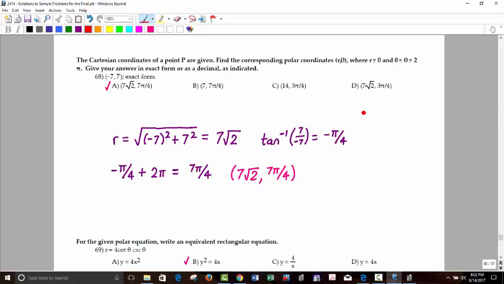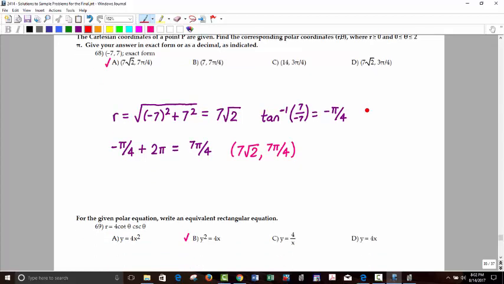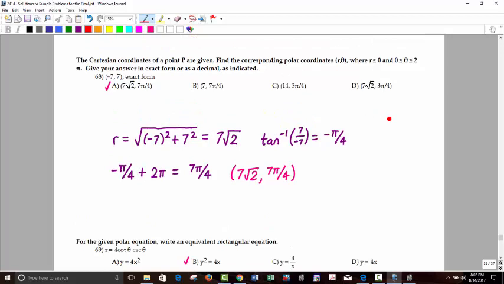So number 68, we are taking Cartesian coordinates. We want to find the polar coordinates, and there are actually two ways you can do these. Sometimes it may ask for r being negative or r being positive, most likely positive, but here they're making it clear that it's at least non-negative. They're allowing 0.